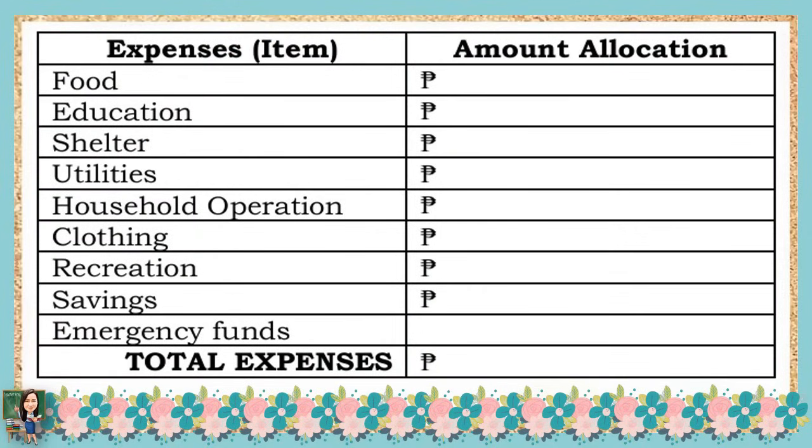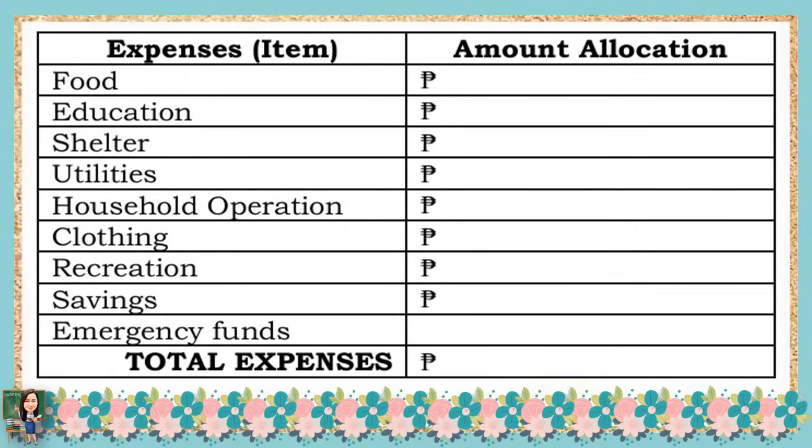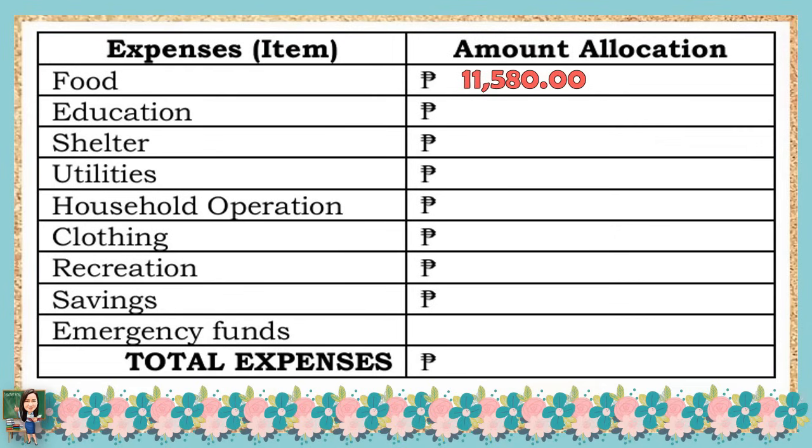So kids, I will give you examples. The amount allocation for food is 11,580 pesos. The amount allocation for education is 4,000 pesos. The amount allocation for shelter is 5,000 pesos.